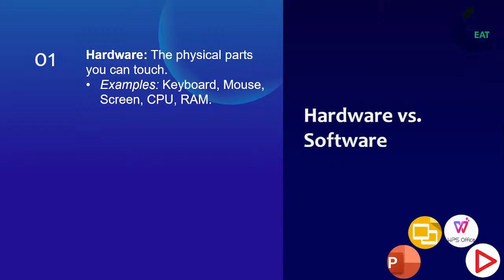Think of it like a person. As a human being, the hardware is the body, the brain, the hands, the eyes. In fact, all the parts of the body that you can see and touch. You can physically touch my body or your own body, and you can also touch someone else.